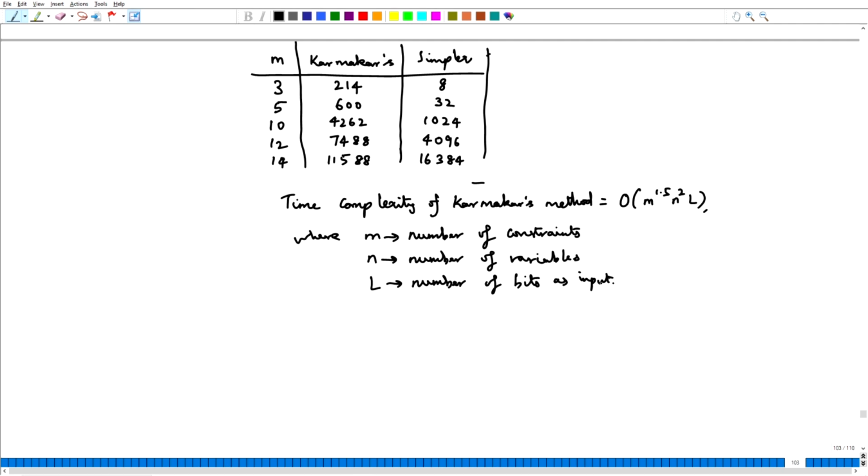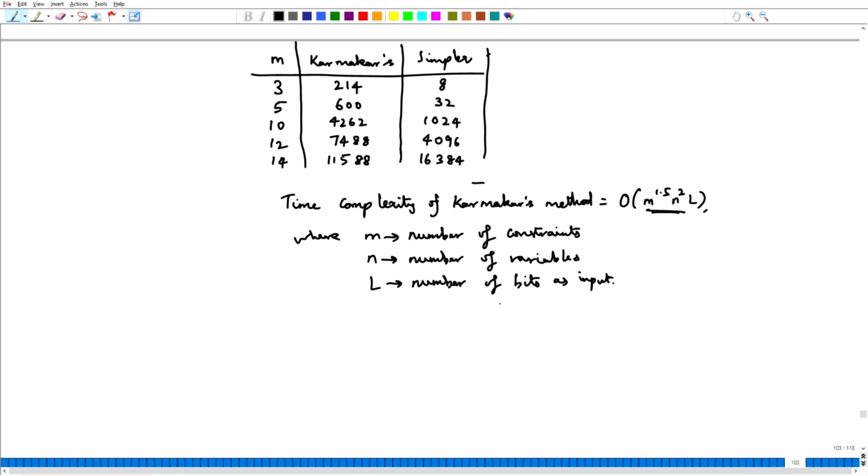So, yeah, in this case the number of constraints is m plus 1 and the number of variables is 2m plus 1, right. So, let us do a comparison of Karmarkar's method, m power 1.5 n squared, and the simplex method.